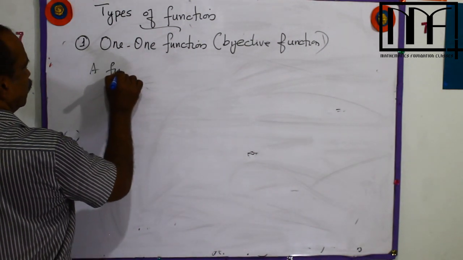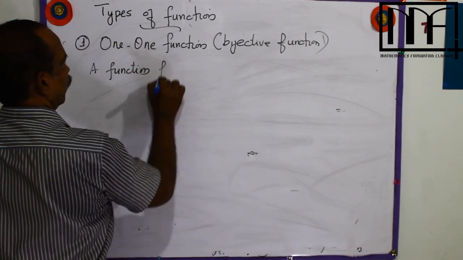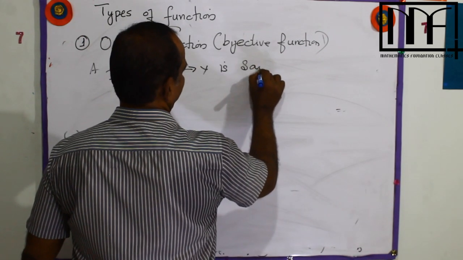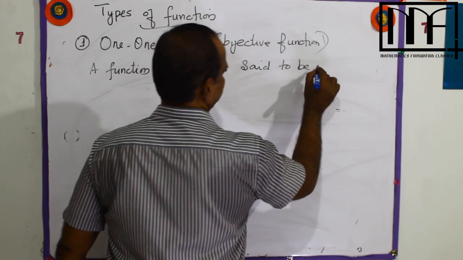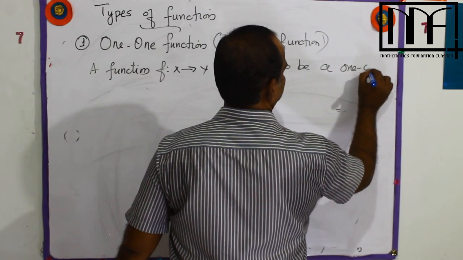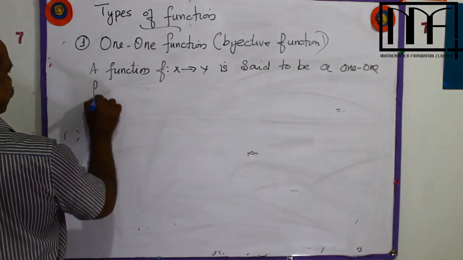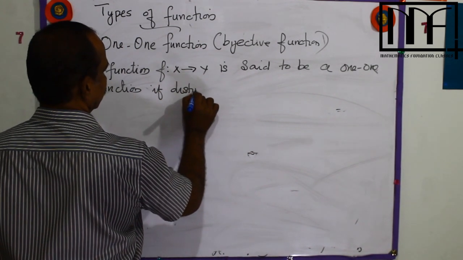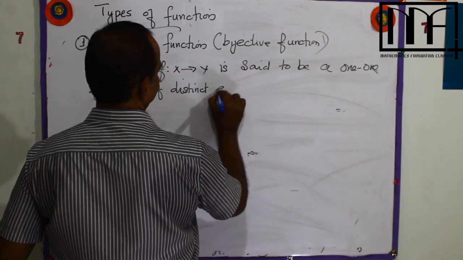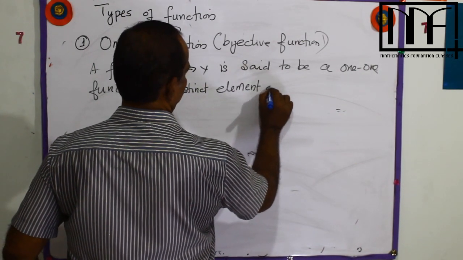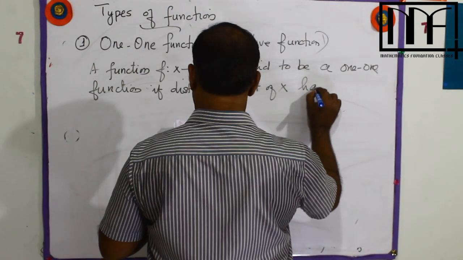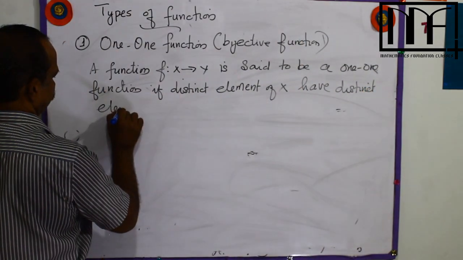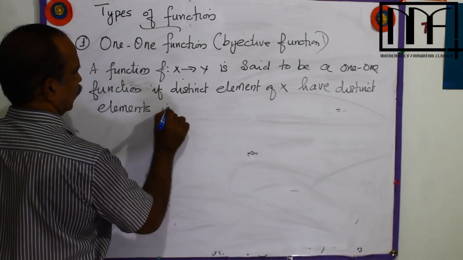A function f from X to Y is said to be a one-one function if distinct elements of X have distinct elements in Y.